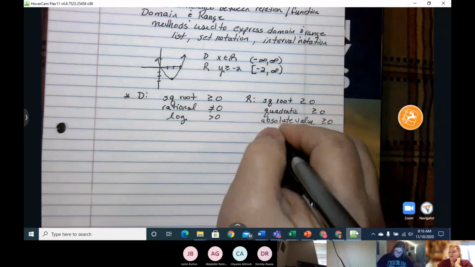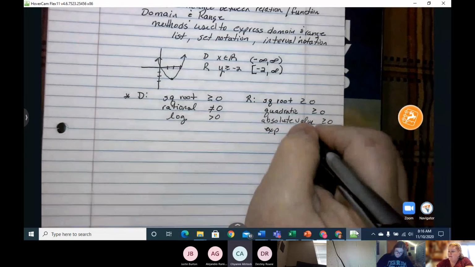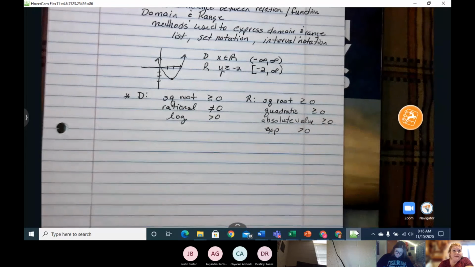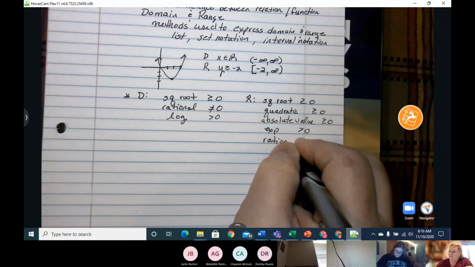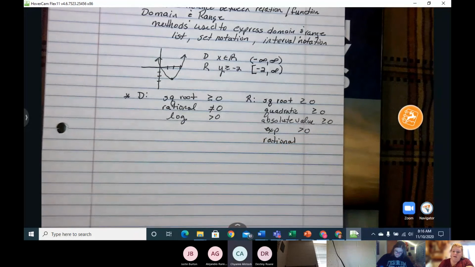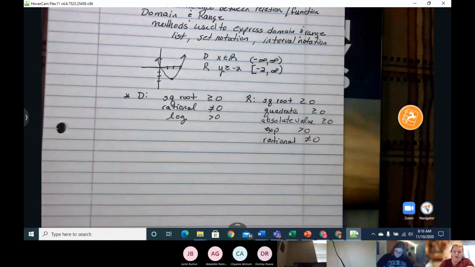When you have an exponential function, that range has to be greater than 0. It doesn't equal 0. If you have a rational function, again, it is not equal to 0 to begin with.